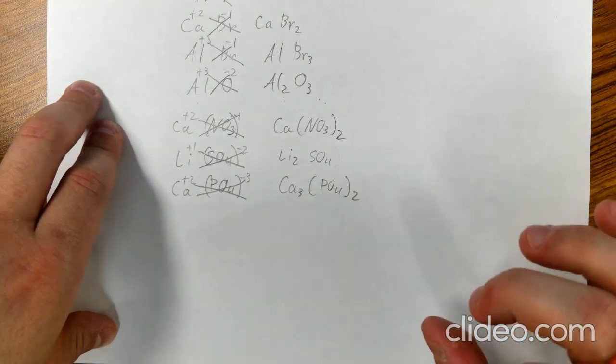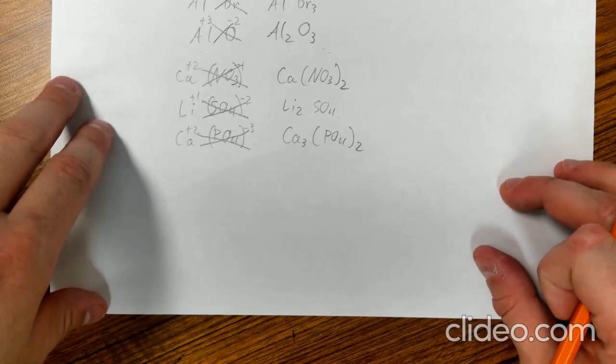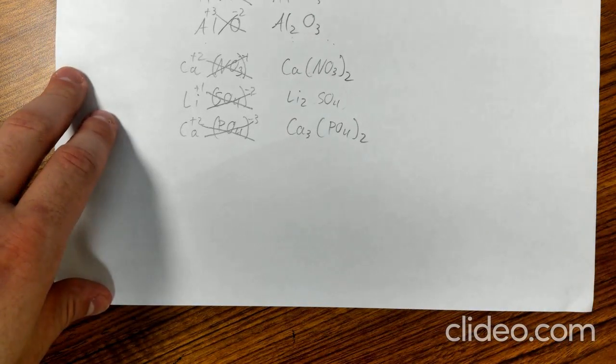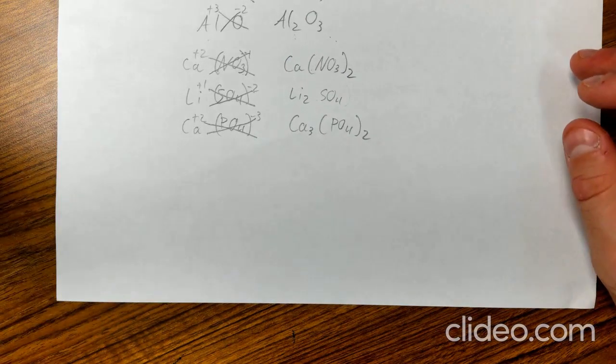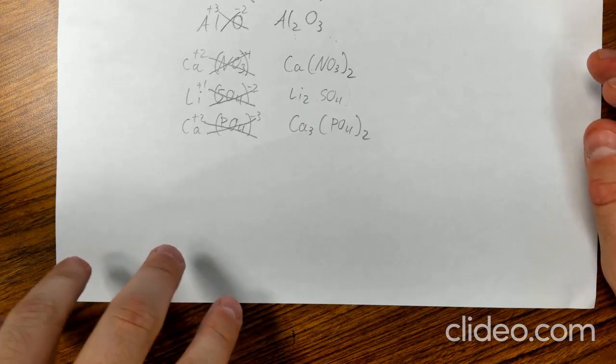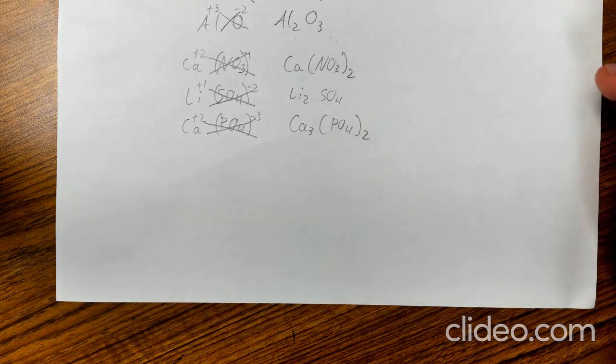Where things get a little bit stickier is when we have something that is a transition metal. So transition metals are the metals in the middle. So anytime I have anything that is not in the first two columns, or in the column labeled +3 on your periodic table, those are going to be my transition metals, the metals in the middle.